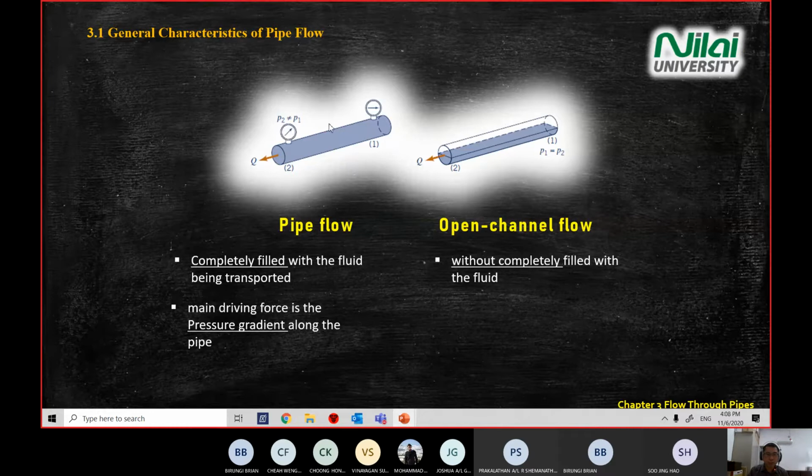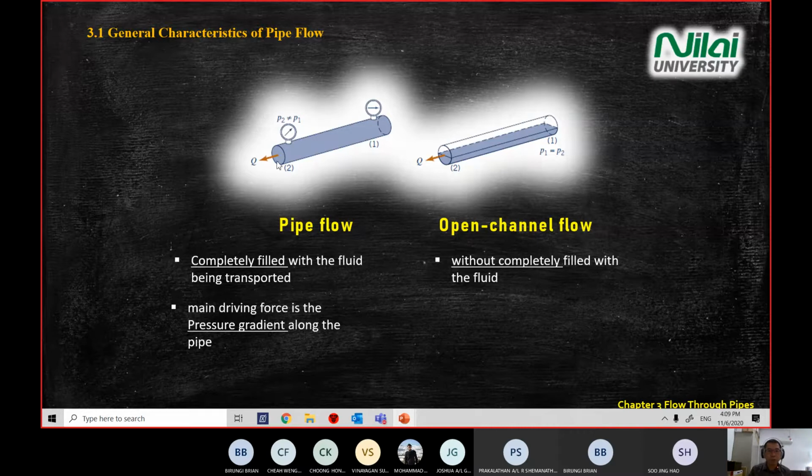As you can see, the angle of the gauge here is different. So one has more pressure than two, so the flow can flow from point one to point two. It gives you the direction of your Q. So in this chapter, by looking at the pressure gauge or the value of the pressure, you will know the direction of your Q. This is a hidden message when you want to solve questions for chapter 3.